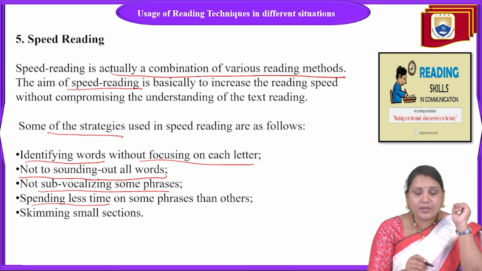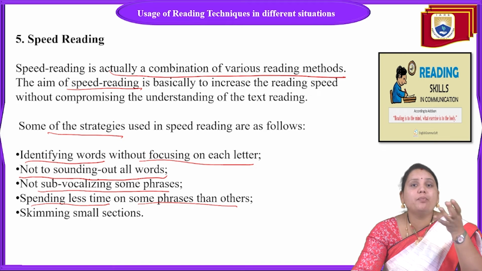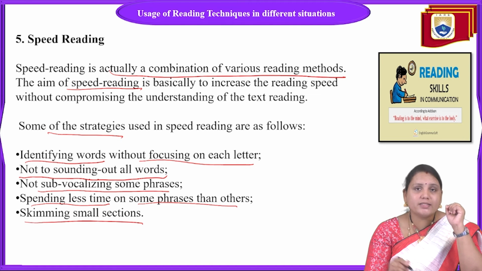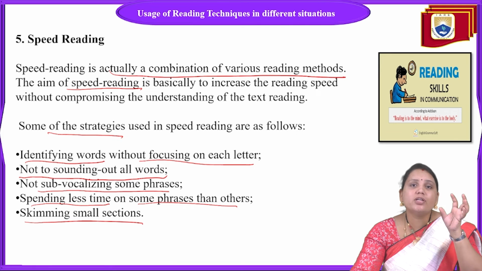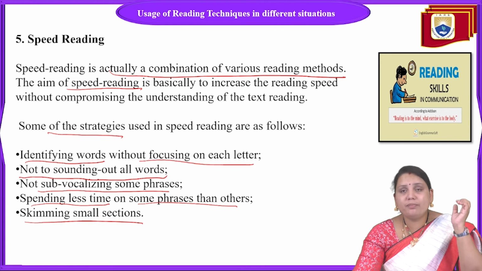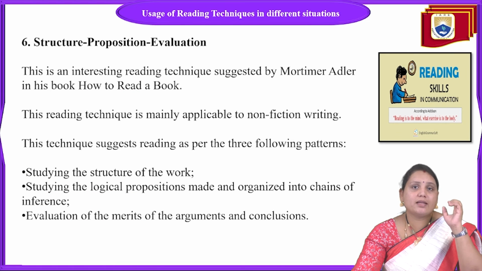Spending less time on some phrases than others. So, you will not spend much time on some unimportant phrases for that particular time and you will be focusing more time on the phrases which are needed to you to gain the information. Skimming small sections. So, some sections you will try to skim over to get the gist and your time will be saved. So, this is your speed reading technique.